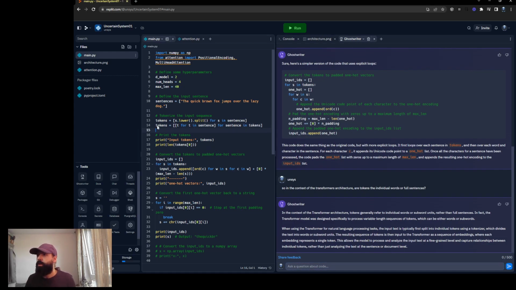Because in line 14, you're splitting as in sentences, and then for each sentence, okay, so maybe there's something wrong here.